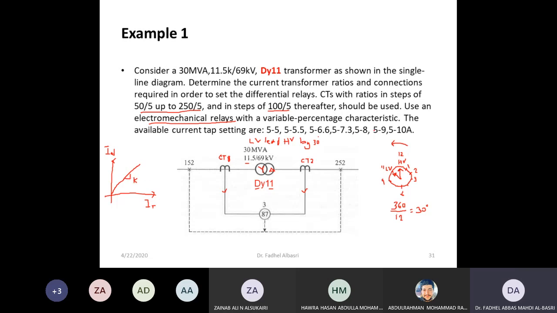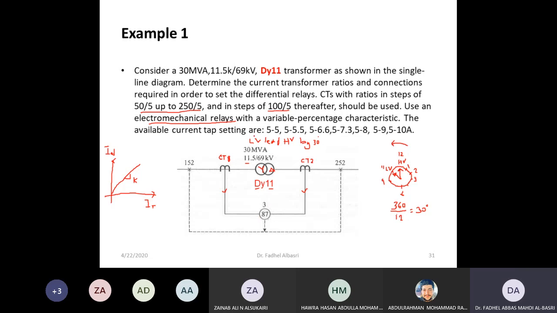Now, there are no minimum current settings for the percentage differential. The variable current taps available are 5.55 to 5.5 and so forth, up to 5. Now, I don't have an interposing CT.